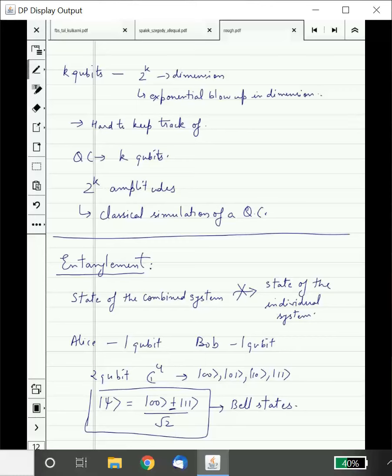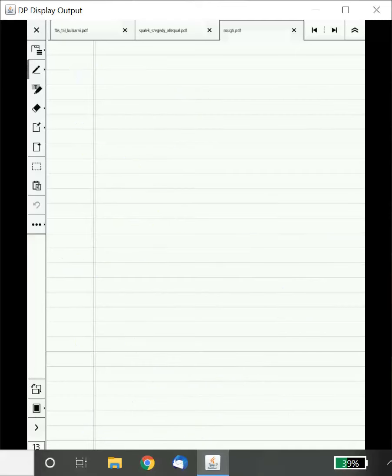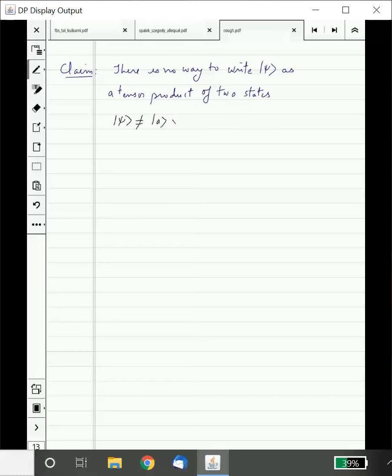But what is important about this? Notice the structure. Claim is there is no way to write the state, I called it psi, Bell state, as a tensor product of state of Alice and state of Bob. That basically means psi is not equal to A tensor B for any A, B. This means I have allowed the combined system to be in this state.